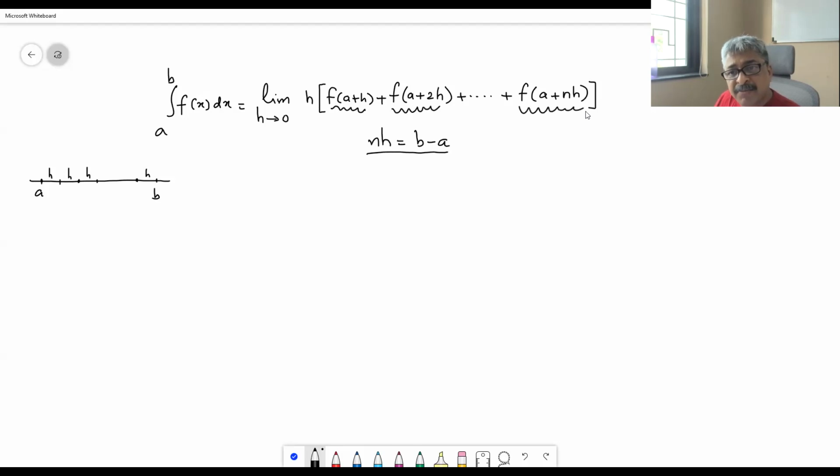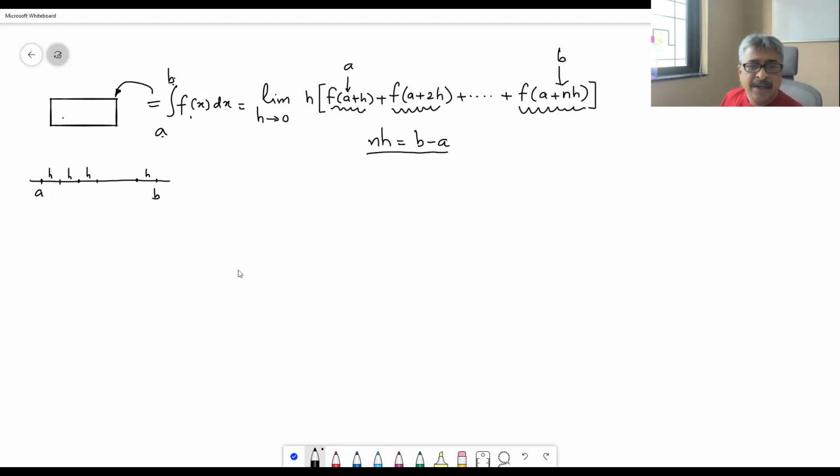We need to identify that function and write it here. And of course, this a and nh plus a, this is b, a and b will be displayed in this summation, which we have to put as lower and upper limits, and then go via the antiderivative method to find the numerical answer. That will be the answer for this summation.